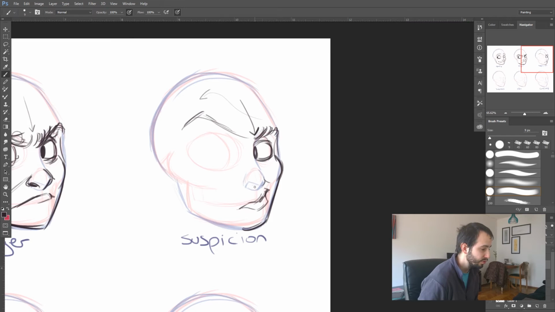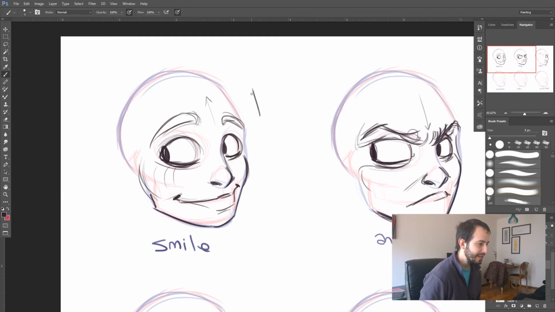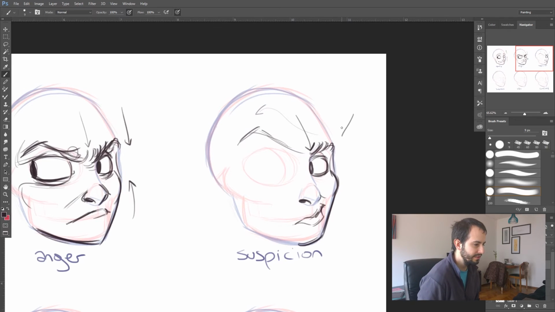I'm just trying to figure this out while I do it. I have no secrets. I'm thinking that if we go back just a bit, a smile is going to go all up and anger is going to be focusing all of this here. Suspicion is also going to be, half of the face concentrating here and the other half expanding.